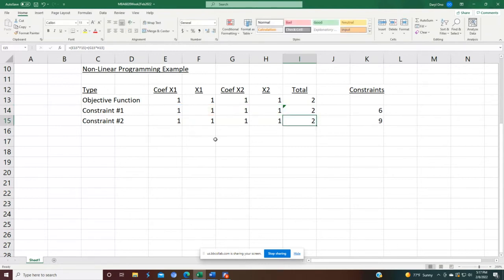And for constraint number 2, the value is 3. It has to be greater than 3. Professor, you can go back to the formula one more time.